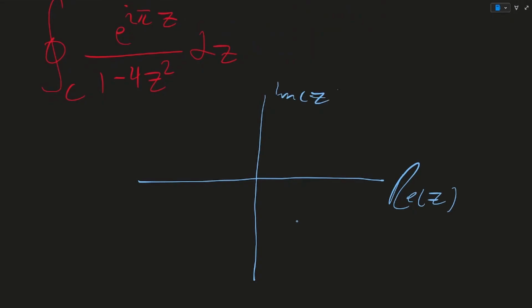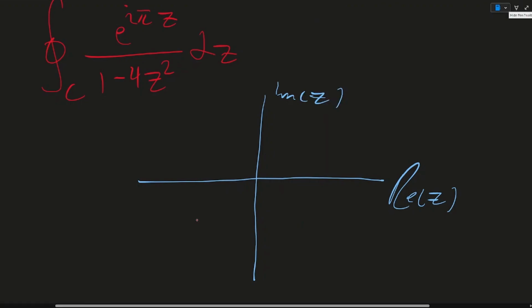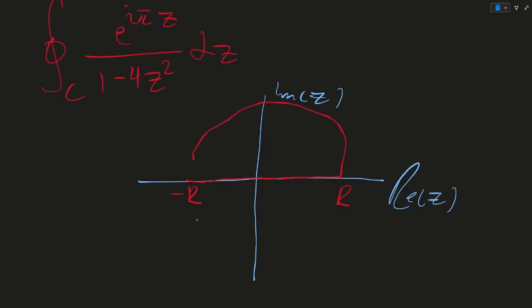We are going from negative R to R on the real axis, in other words, across the whole real line, and then curling back up into the complex plane and back down to negative R. This is our big curve gamma, which goes counterclockwise.